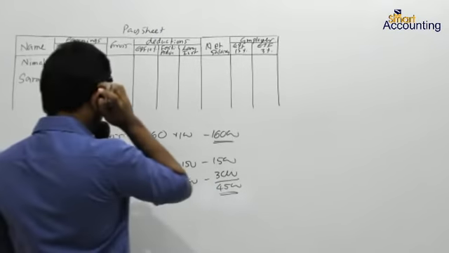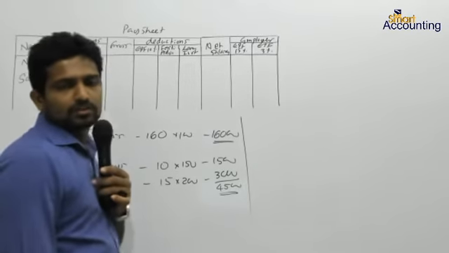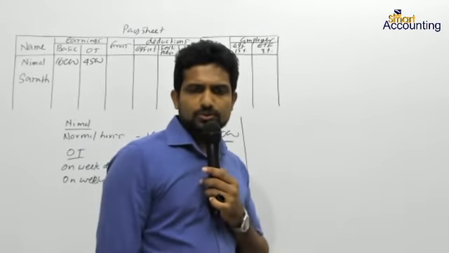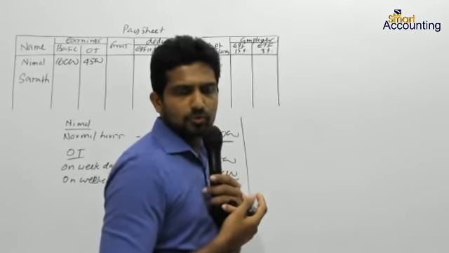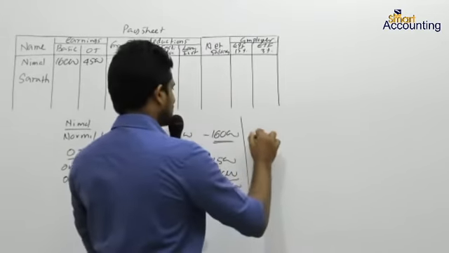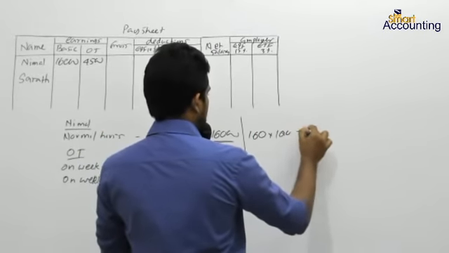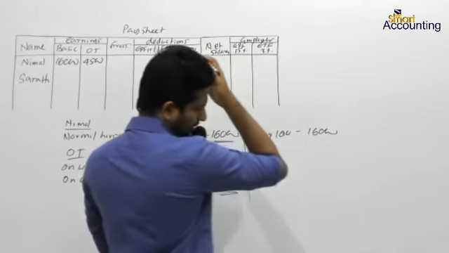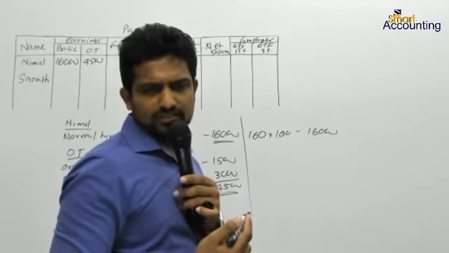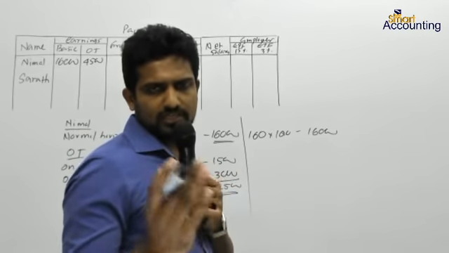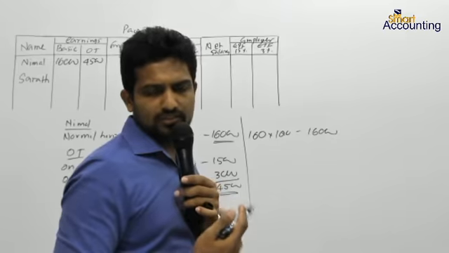When it goes to the second employee, the normal hours he also has worked within all 4 weeks, 40 into 4, 160 hours. That into 100, 16,000. For the weekdays he has worked in the first week no OT, second week 50 means 10 OT hours, in the fourth week 14 hours.